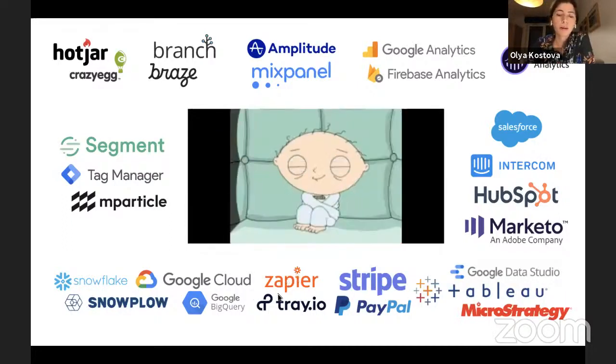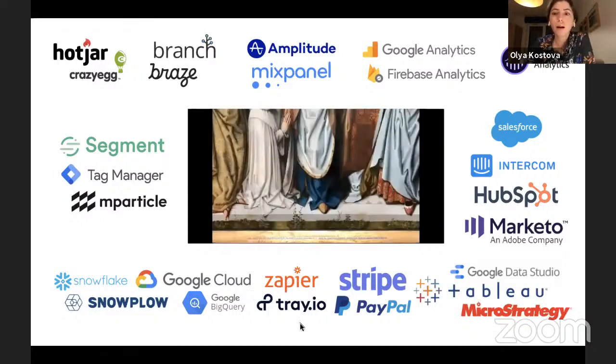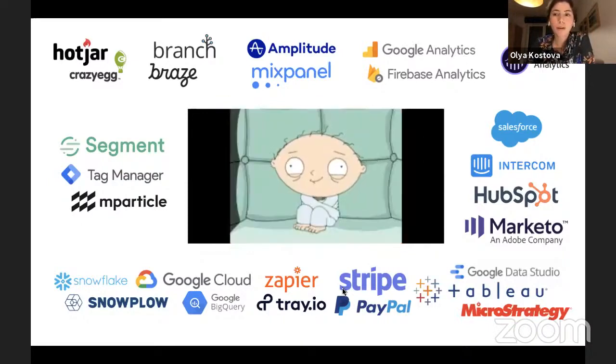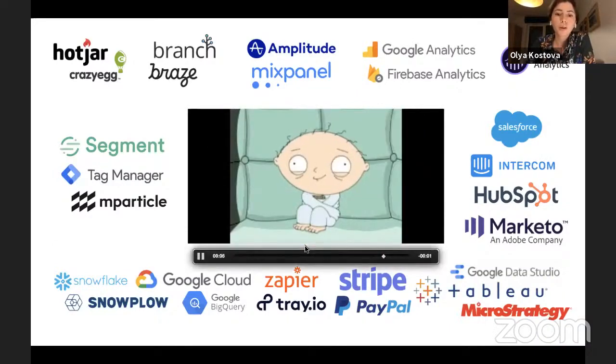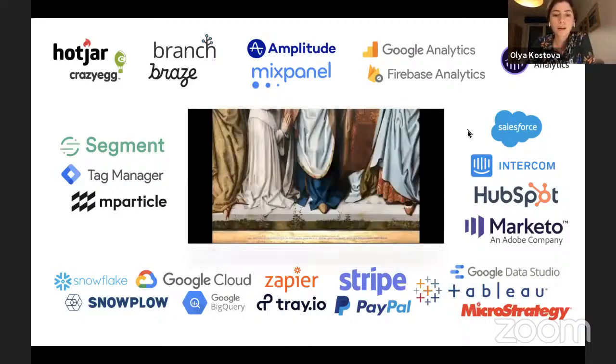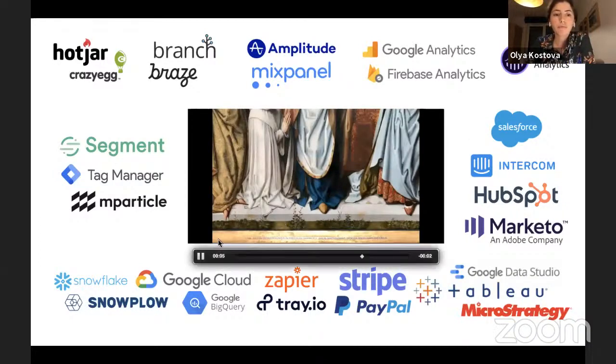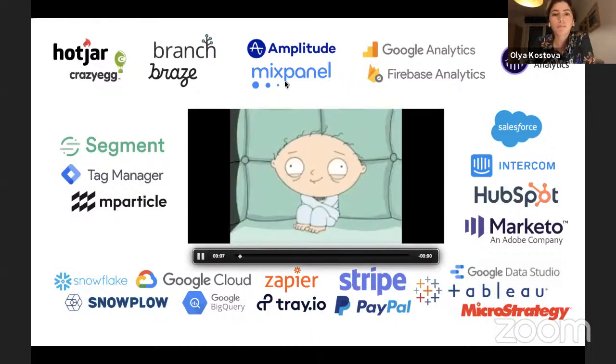And I would like to bring your attention to those two tools, Zapier and Tray.io. Those tools basically help you send data in between all of this tool set. So imagine you have Salesforce, and let's say Mixpanel.